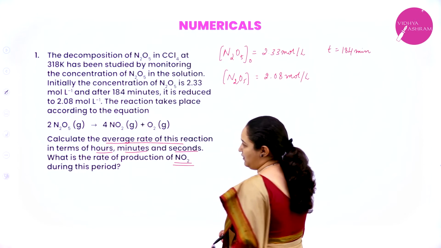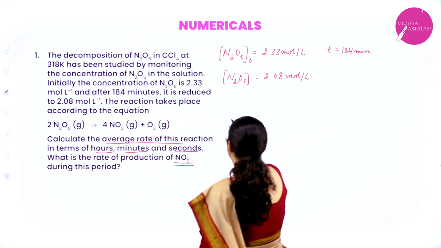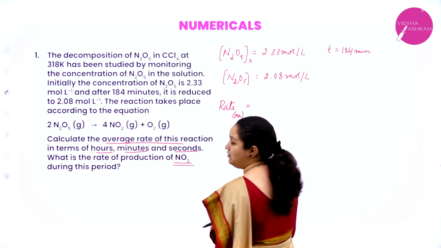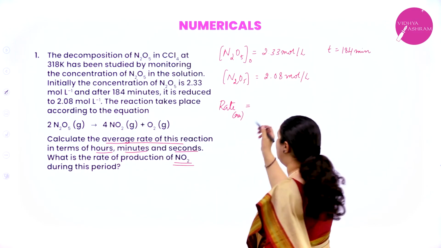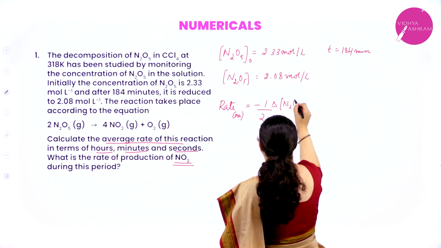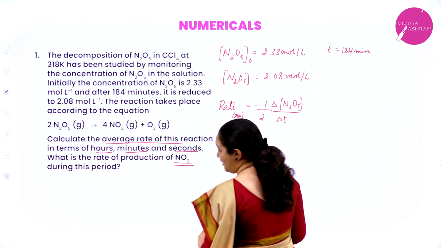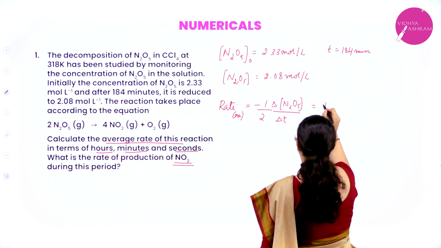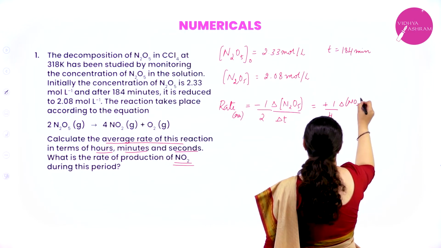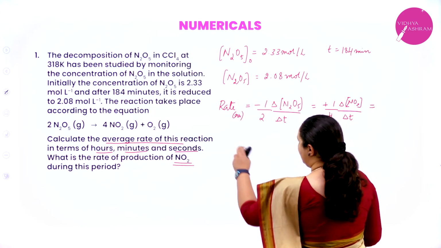So the equation is given here. From the equation I can write the average rate. Rate of the reaction, average rate, is equal to minus 1 by 2 delta [N2O5] by delta T. In terms of products, it is equal to plus 1 by 4 delta [NO2] by delta T. Similarly, I can write it in terms of oxygen.